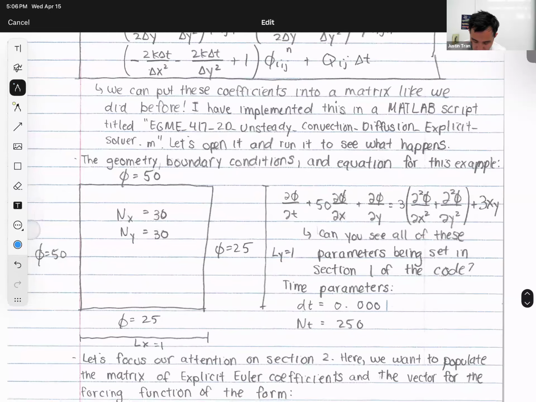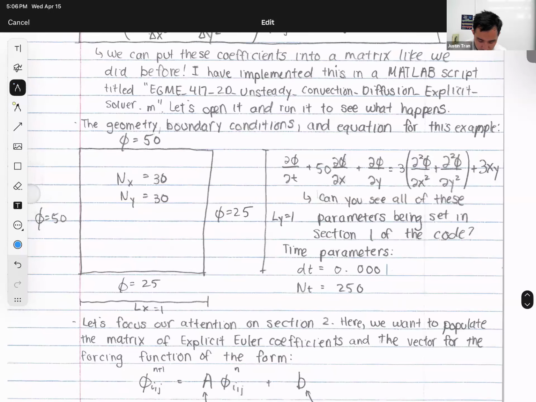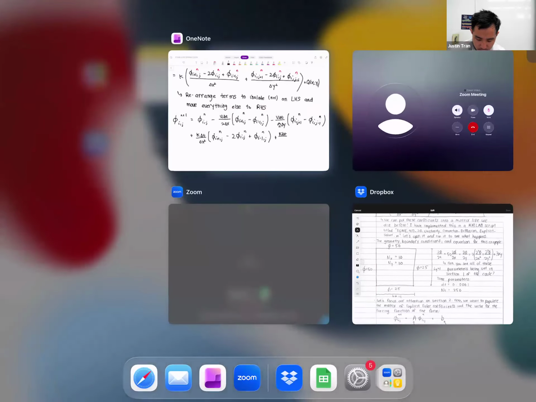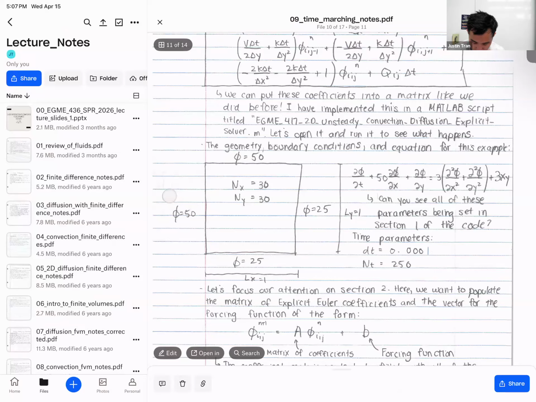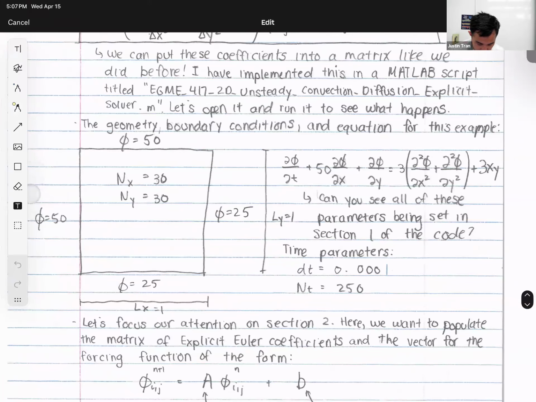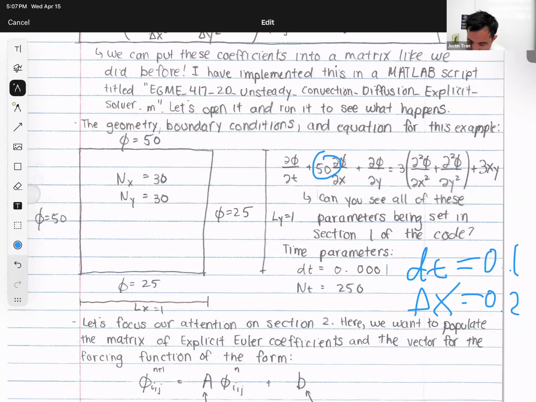Even my finger is not working. Let's try relaunching Dropbox here. Okay, good. So let's assume delta t is 0.1 and delta x is 0.25.